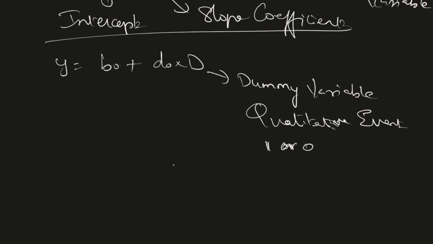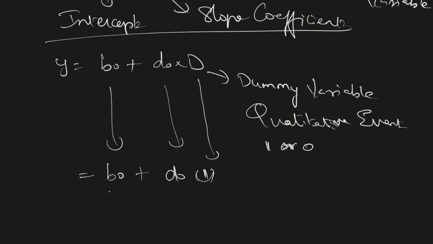So for example, imagine there is a company whose average sales is b0, plus, if at all, let's say this company gets a new license. Because it gets the new license, I'm keeping this dummy as 1 because that event has happened. So in that case, d0 into 1.